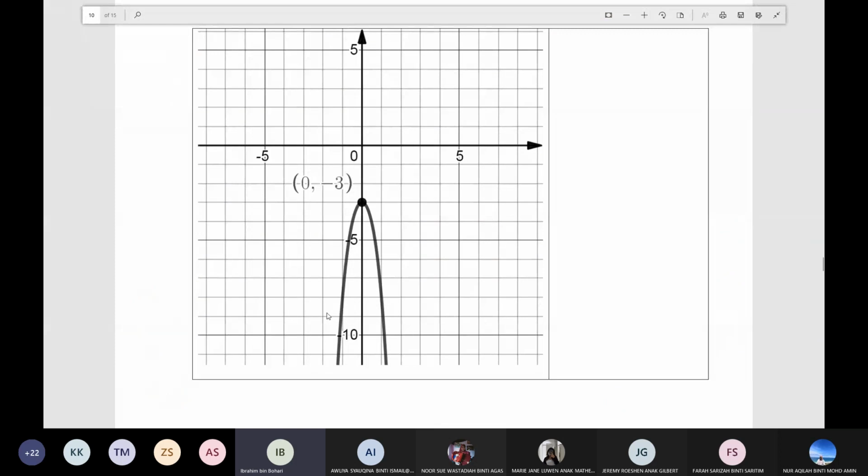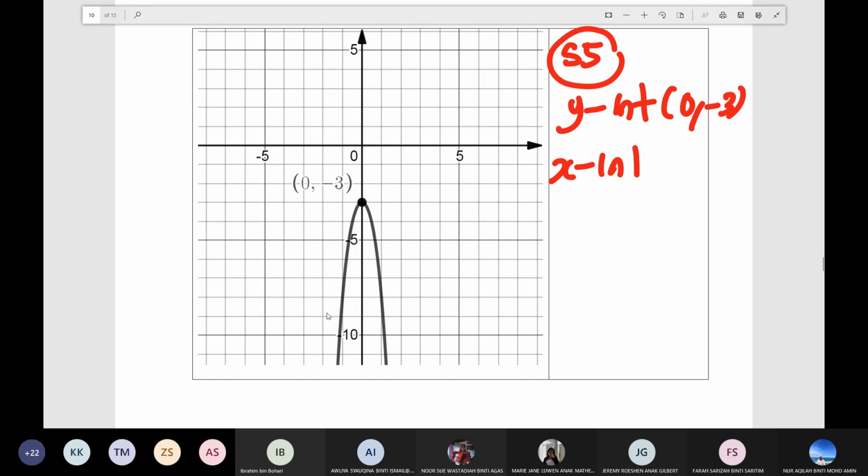Step 5, the intercept. For the intercept I will just give the answer. The intercept, the calculator is enough. Okay, so step 5, intercept of the function. Y-intercept here at 0, negative 3. X-intercept here undefined.